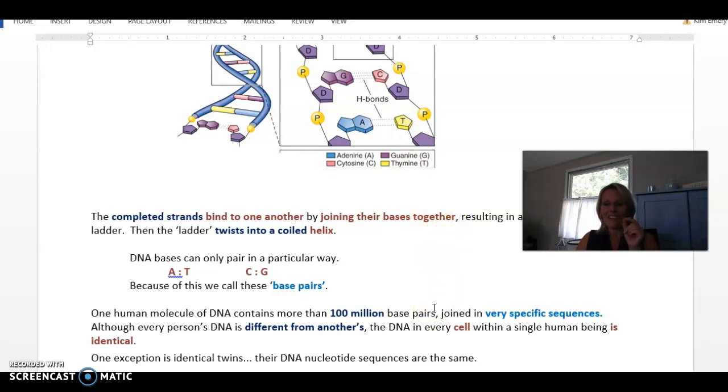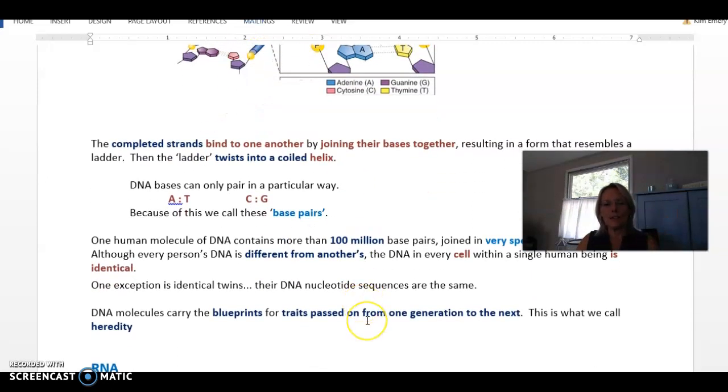That's insane. And the individual nucleotides in each chain are in very specific sequences, as I said. Whatever the sequence is, that's a gene, and that will determine what protein ends up getting made from that DNA sequence.